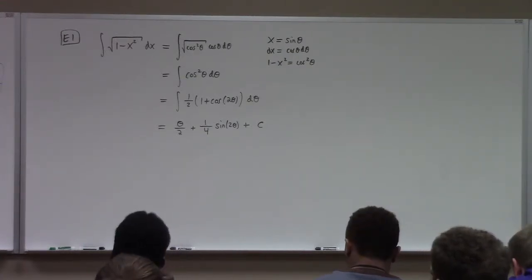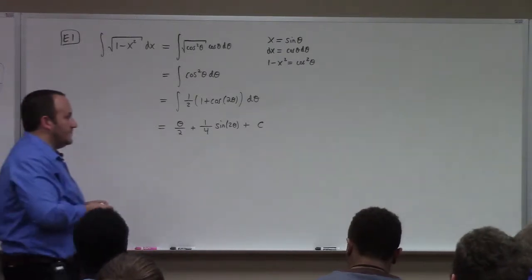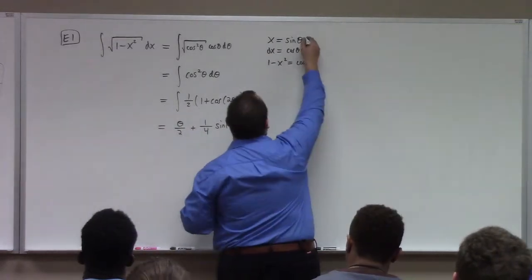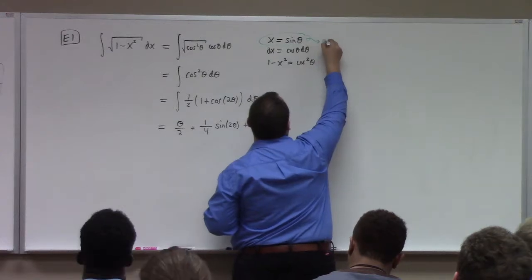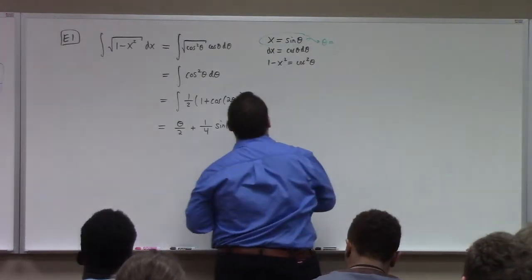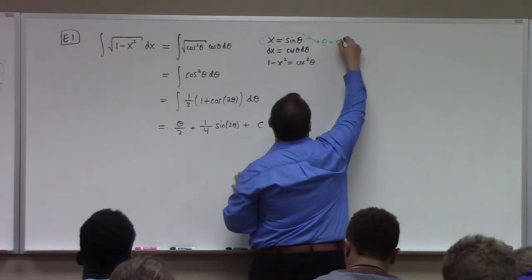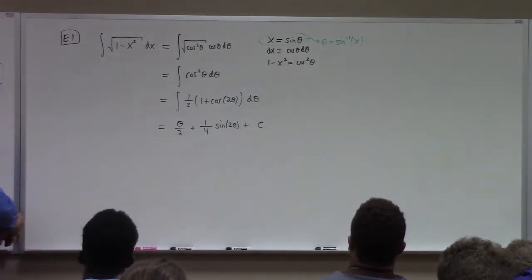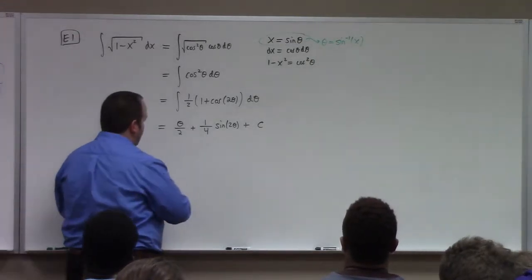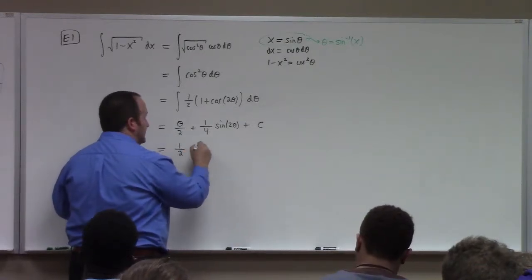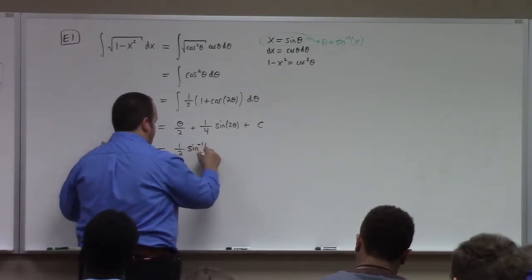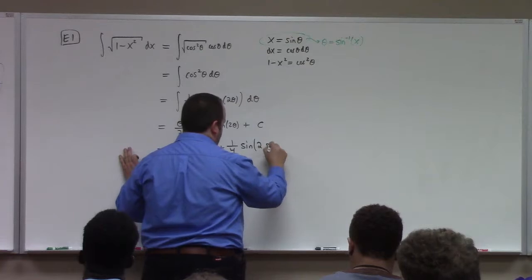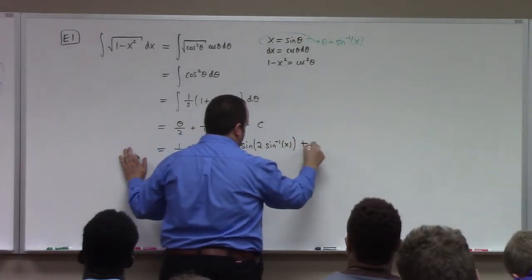And now I have to convert back to x, right? So if x equals sine theta, what's that make theta equal to? Inverse sine of x. So here it is. Not the fanciest form of the answer, but it's a decent answer. Inverse sine of x over 2 plus 1/4 the sine of twice the inverse sine of x plus a constant.